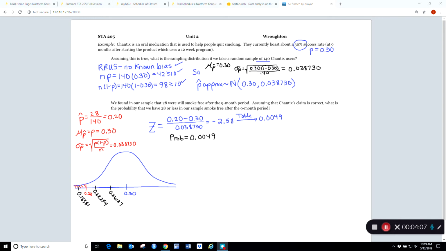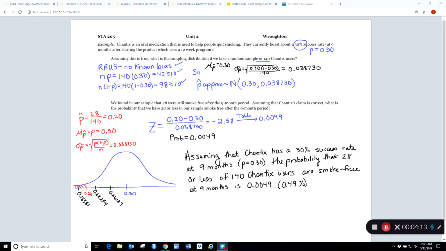The last part of this problem is to write out our interpretation of what that number means. Looking at our interpretation, we always start with what we were assuming. We assume that Chantix was telling us the truth, or that they have a 30% success rate at 9 months. Using that P of 0.3 is making that assumption.